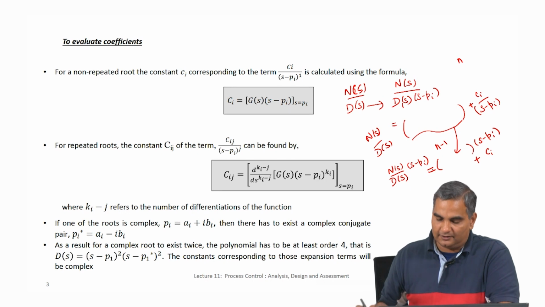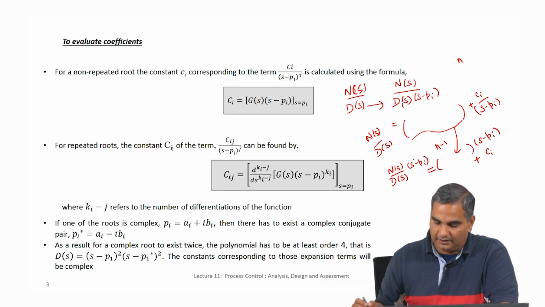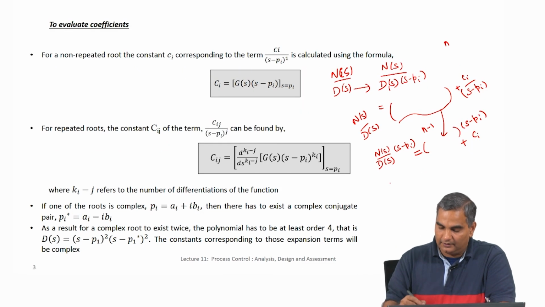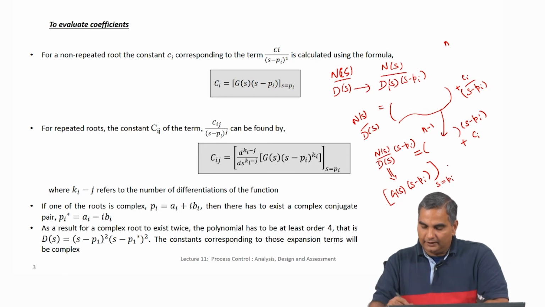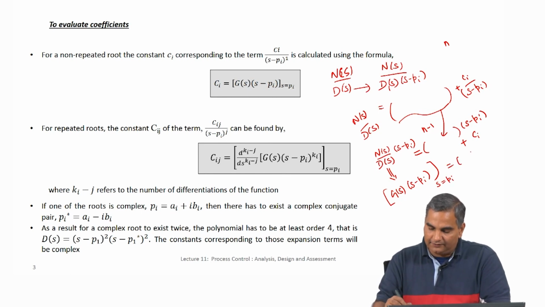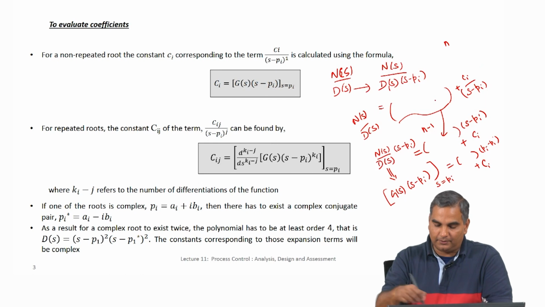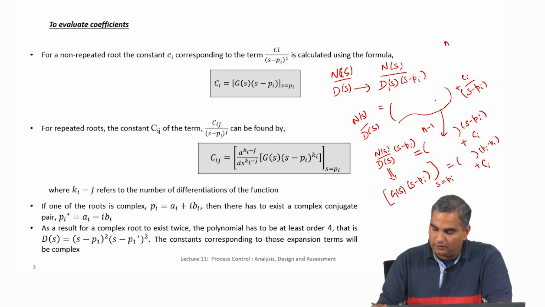Now, notice something interesting. So, this is g(s) times (s minus pi). Now, if I set s equal to pi, then on the right hand side I will have this term times (pi minus pi), plus Ci, because the (s minus pi) in the denominator had already been removed.